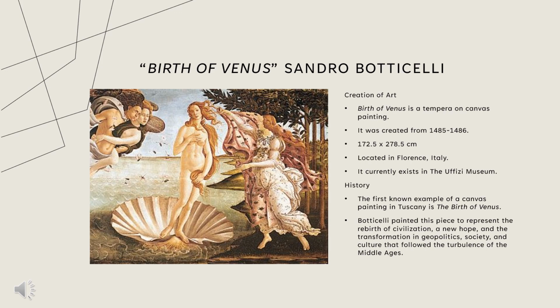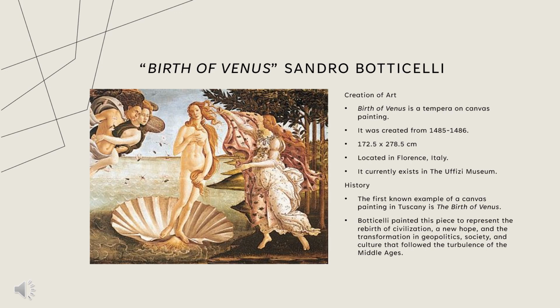The Birth of Venus is a tempera on canvas painting. It was created from 1485 to 1486. The dimensions of this painting are 172.5 by 278.5 centimeters. It currently is located in the Uffizi Museum, which is in Florence, Italy.